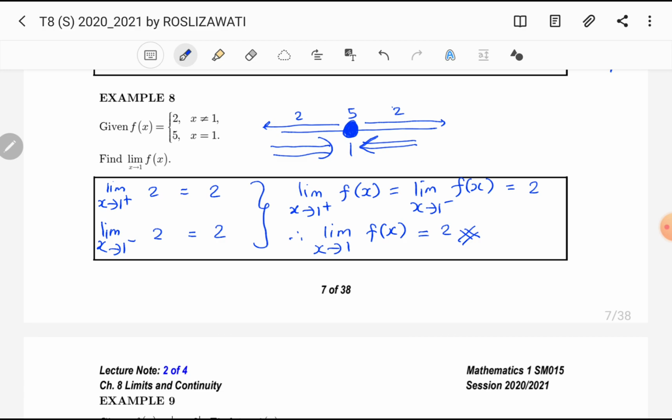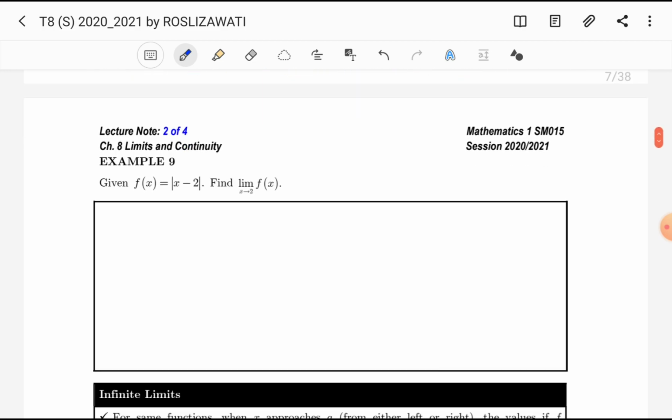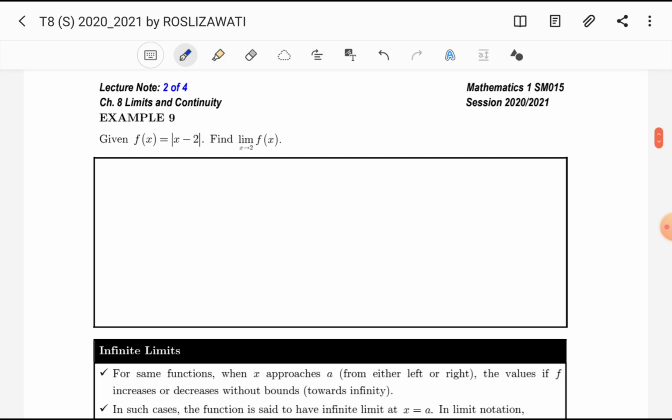Okay. Next question. Example number 9. Given modulus of x minus 2. This is a modulus function, an absolute value function, so we need to define it first. The modulus of x minus 2 can be x minus 2 if x minus 2 is positive, or negative (x minus 2) if x minus 2 is less than 0.